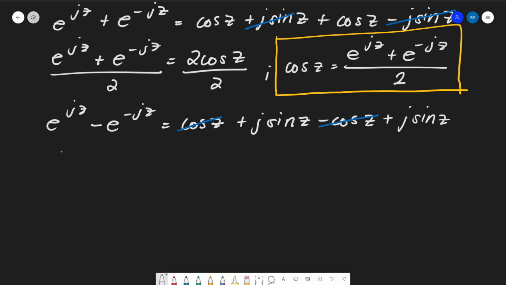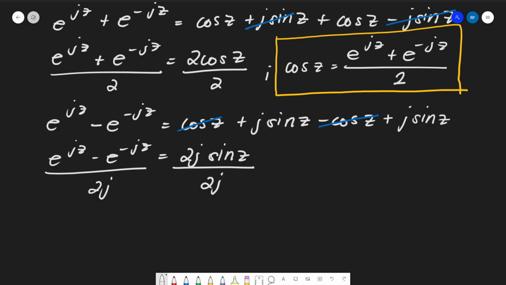So what is left is e raised to jz minus e raised to negative jz equals 2j sine z. Since we only want sine z, we divide by 2j.